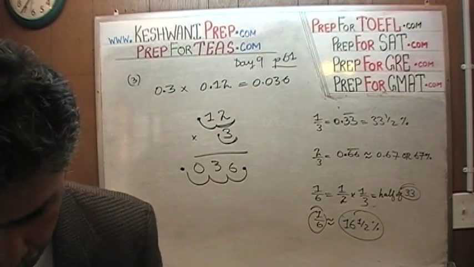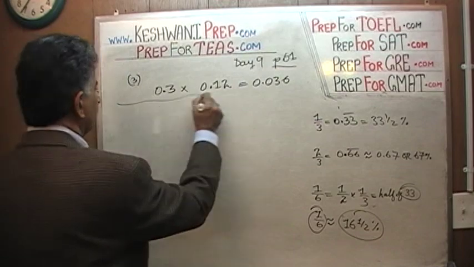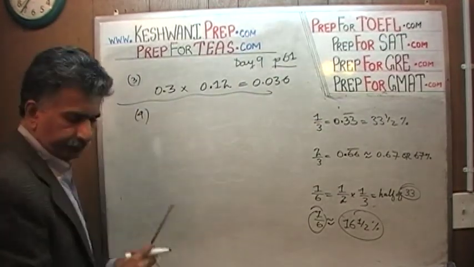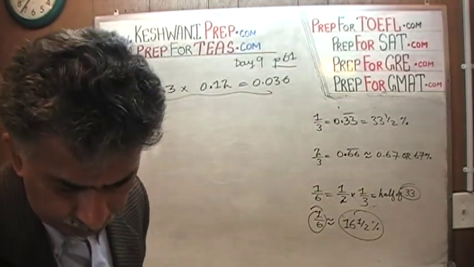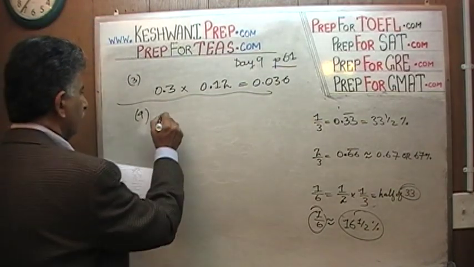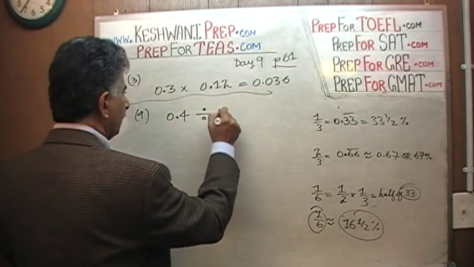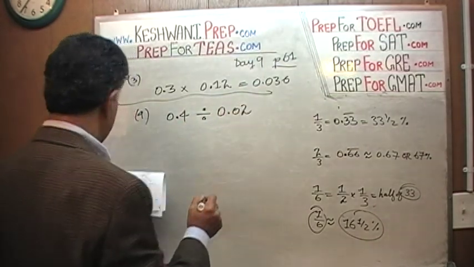Problem number 4 says, simplify the expression, which is 0.4 divided by 0.02.